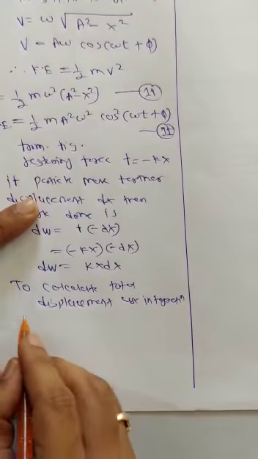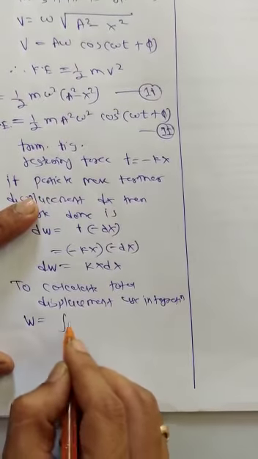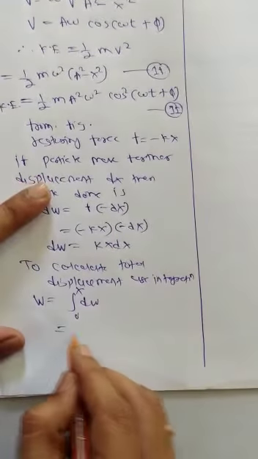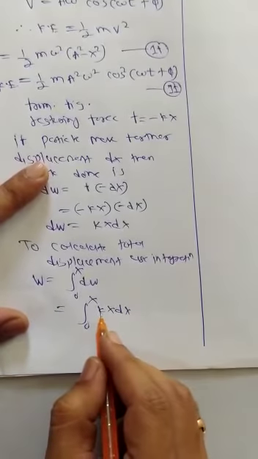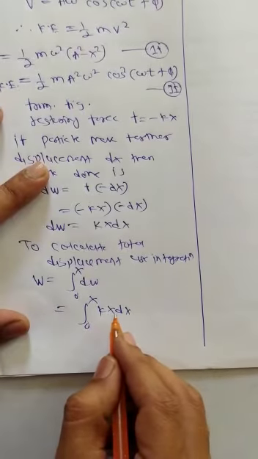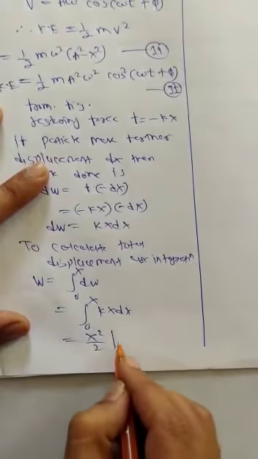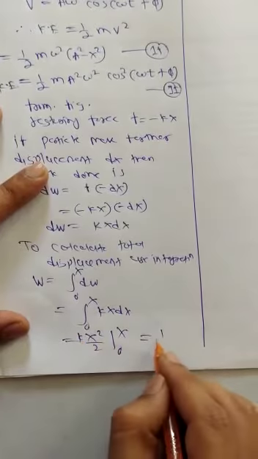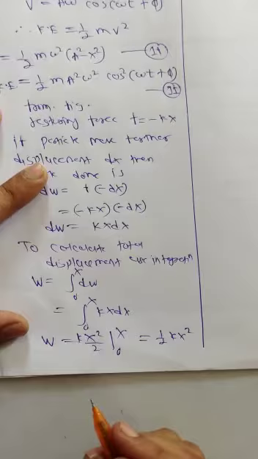So integrate dW from 0 to x. We know dW is equal to kx dx, and k is constant. The integration of x dx is x square by 2, with limits 0 to x. So its value will be half kx square. This is the work done.